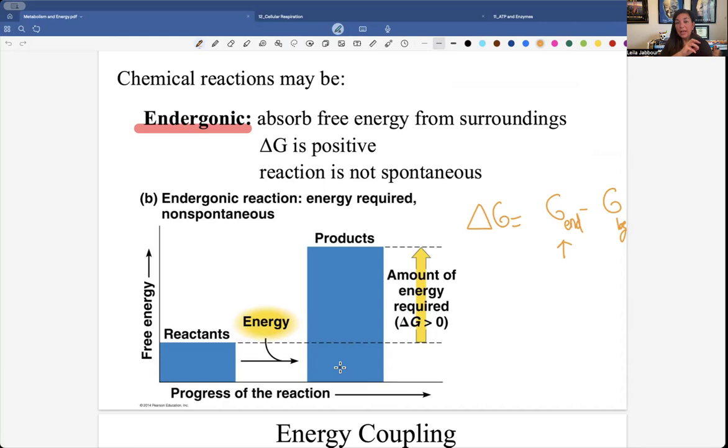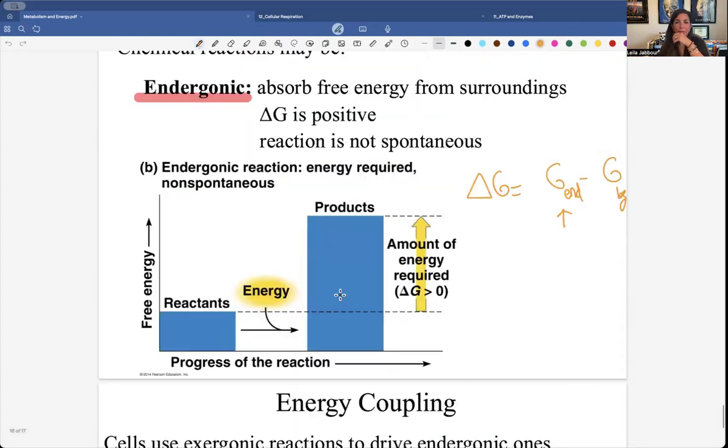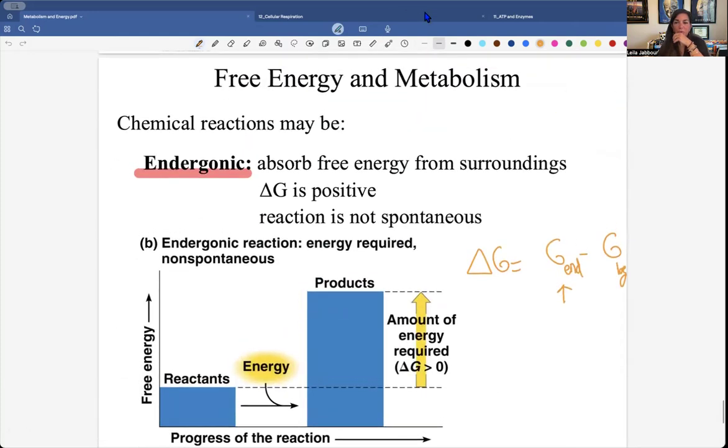So the reactants don't have as much energy. They have to use the energy from an outside source like ATP, and then that energy gets buried into the new products. Okay. So a delta G that's positive reflects an endergonic reaction.